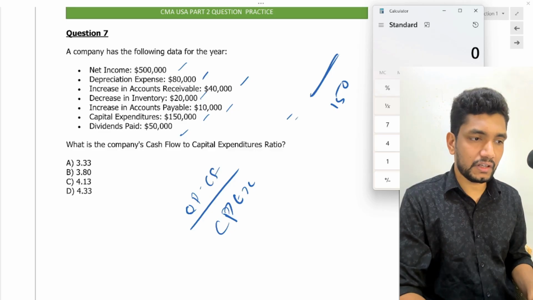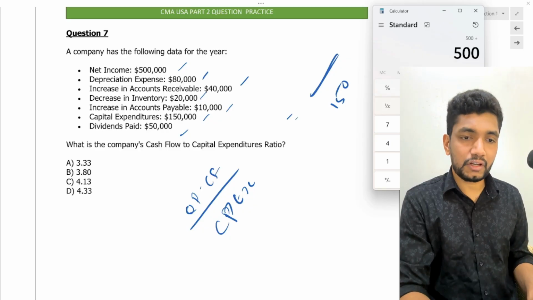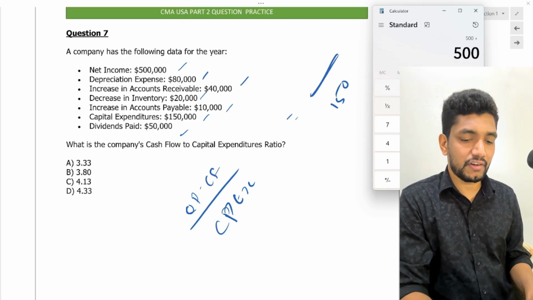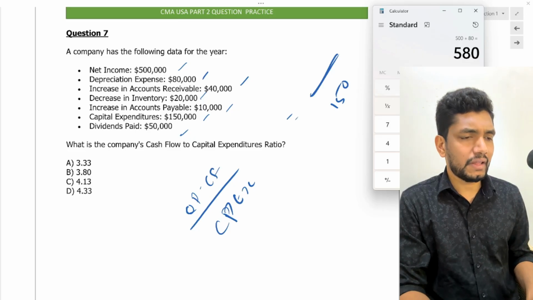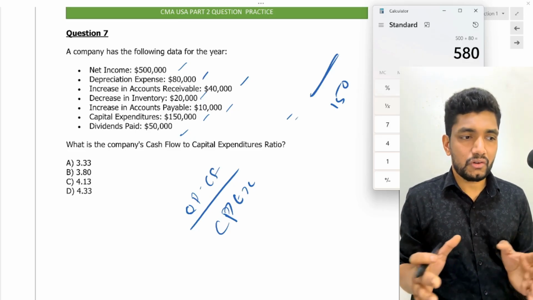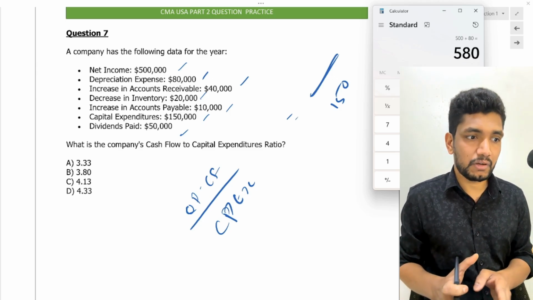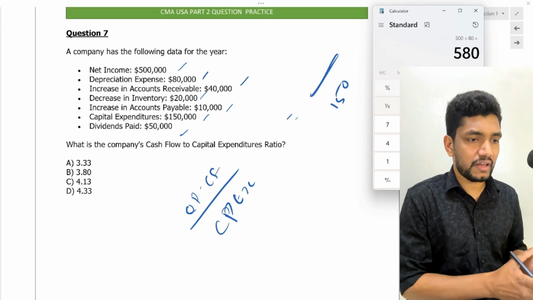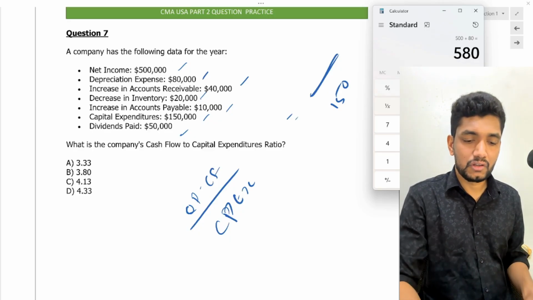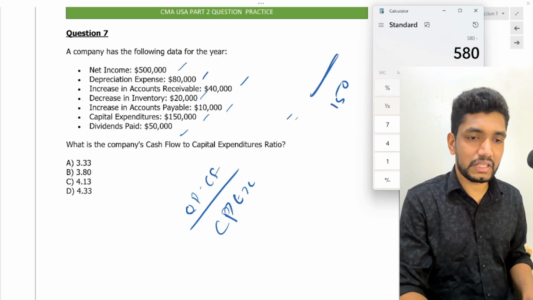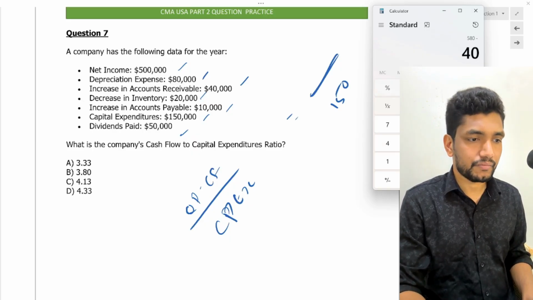So we can start with the net income, that is 500,000, plus definitely you have to add back the depreciation, and the increase in account receivable. So you have to see what is the impact of an increase in account receivable in the statement of cash flow. An increase in account receivable is an increase in current assets, so definitely there will be a negative impact that you have to reduce.